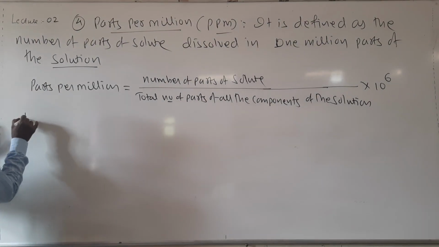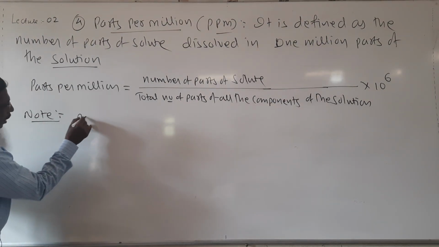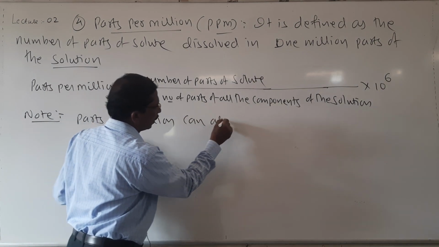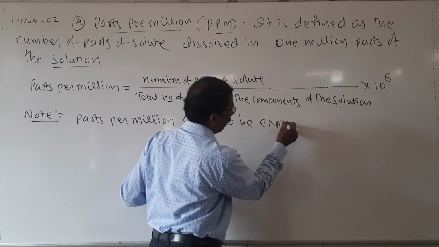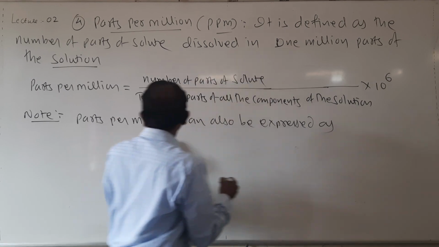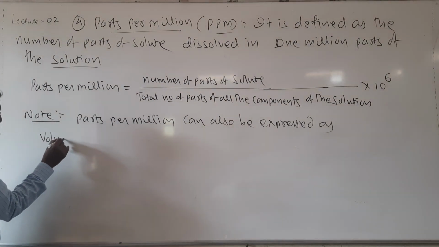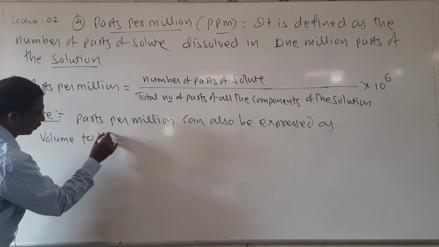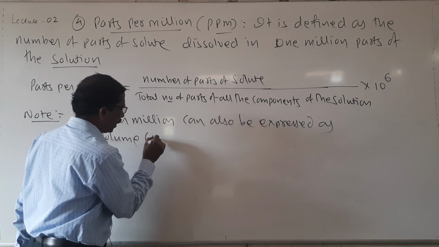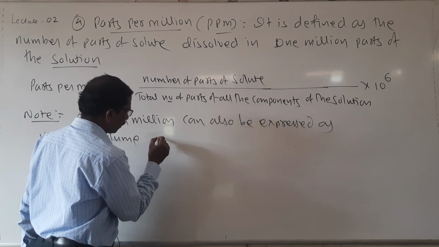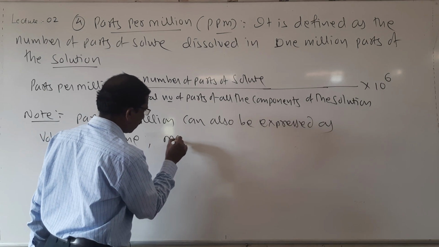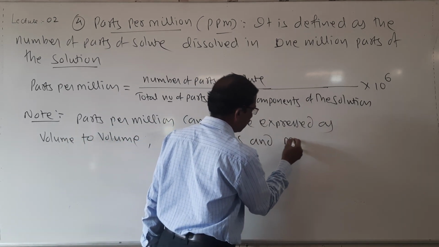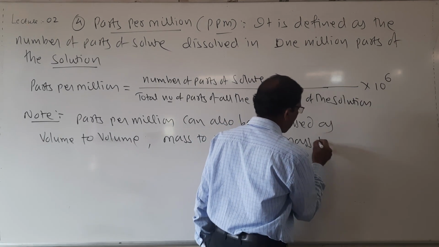Note: parts per million can also be expressed as volume to volume, that is V by V, mass to mass, and mass to volume.